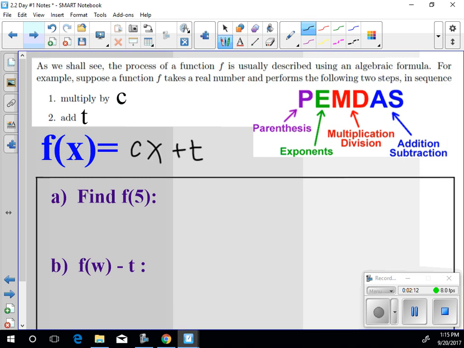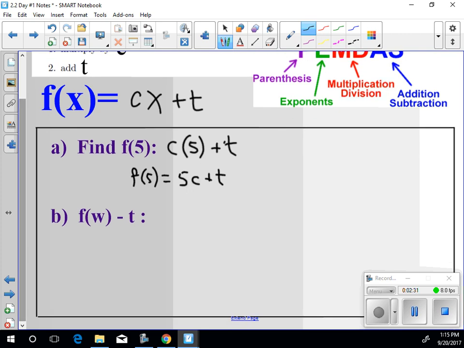Well, what would f of 5 be? What variable do I plug 5 in for? X, right? So I plug it in. Oh, that's not all that pleasing because it doesn't simplify that well. Well, f of 5 equals 5c plus t. Oh, that's not pleasing. I didn't get a number. I'm so sad. I'll get over it.